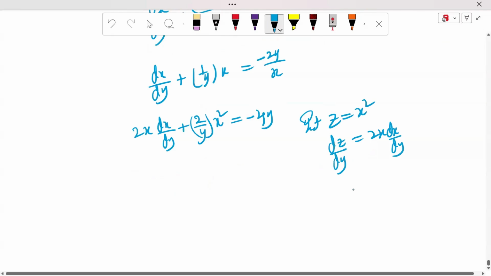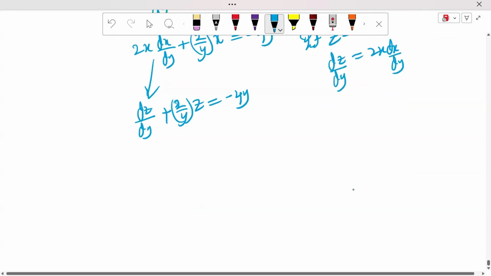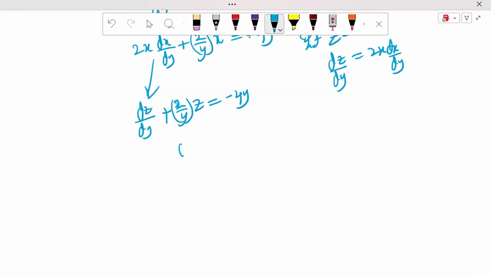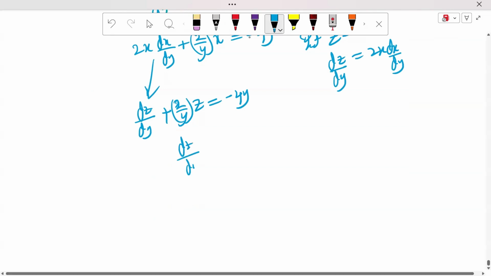So by substitution it can be written as dz by dy plus 2 by y into z is equal to minus 4y. It is in the linear form, sir. What is the form? dz by dy plus p of y into z is equal to q of y. It is the linear form.